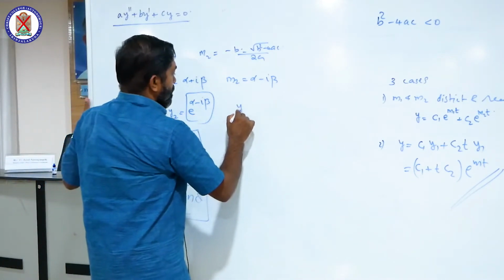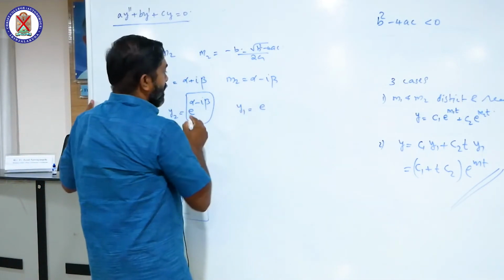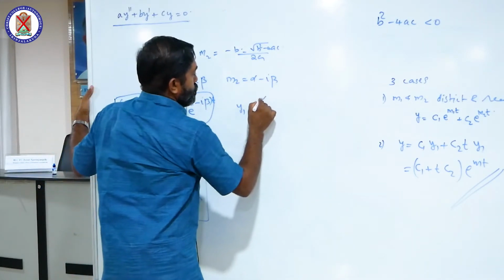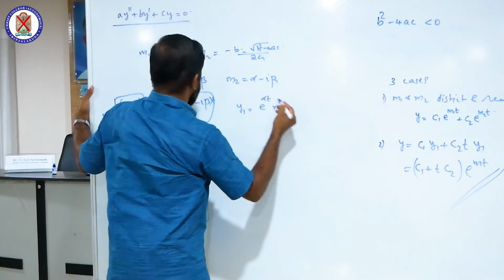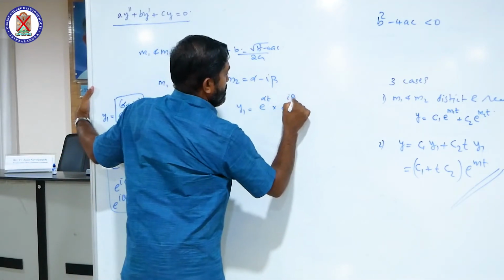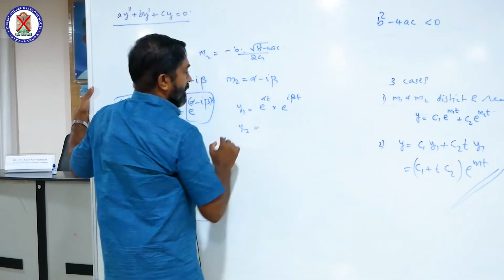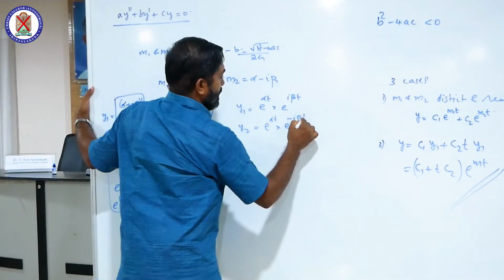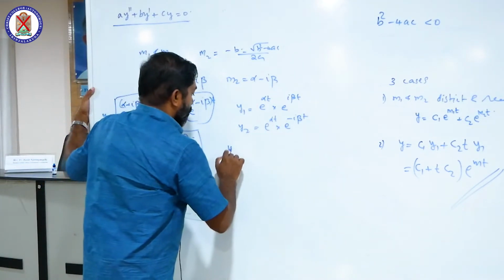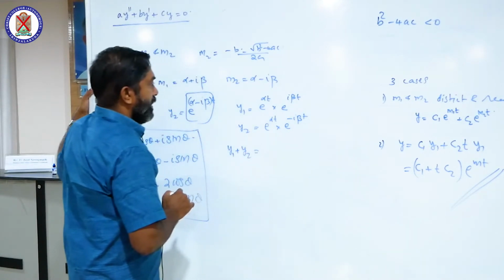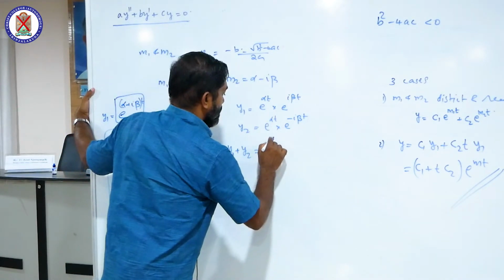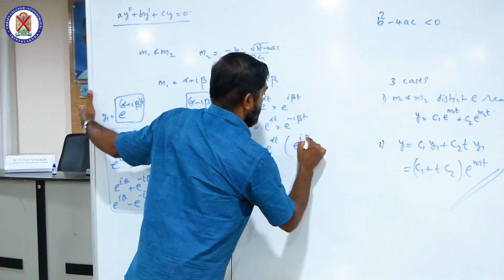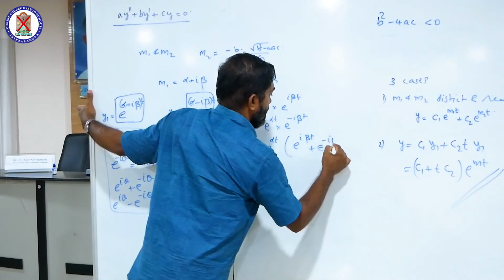Okay, so I am taking this expansion here. y1 can be expressed as e raised to alpha t into e raised to i beta t, and y2 can be taken in the form e raised to alpha t into e raised to minus i beta t. So if I take y1 plus y2, e raised to alpha t is a common factor, then into e raised to i beta t plus e raised to minus i beta t.